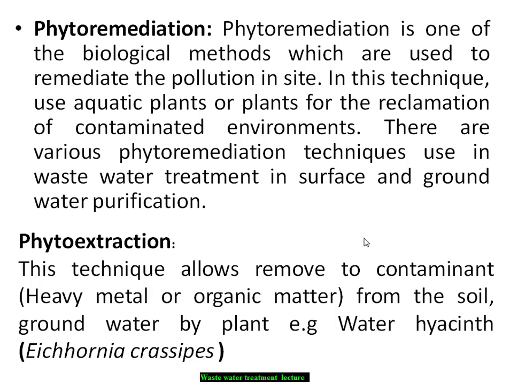Same as phytoextraction, this technique also allows removal of contamination like organic matter as well as heavy metals from the soil as well as the water bodies. The example is water hyacinth. In the next slide you can see the picture of this water hyacinth.